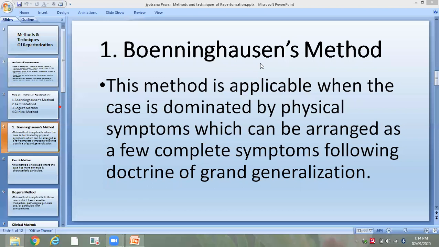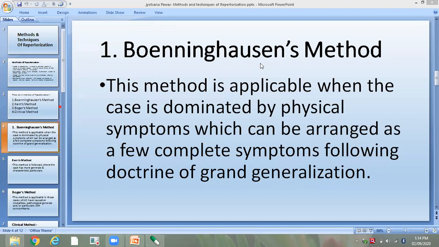This method is applicable when the case is dominated by physical symptoms, which can be arranged as a few complete symptoms following the doctrine of grand generalization. That means the case has more physical, particular symptoms, and we arrange each as a complete symptom using grand generalization.